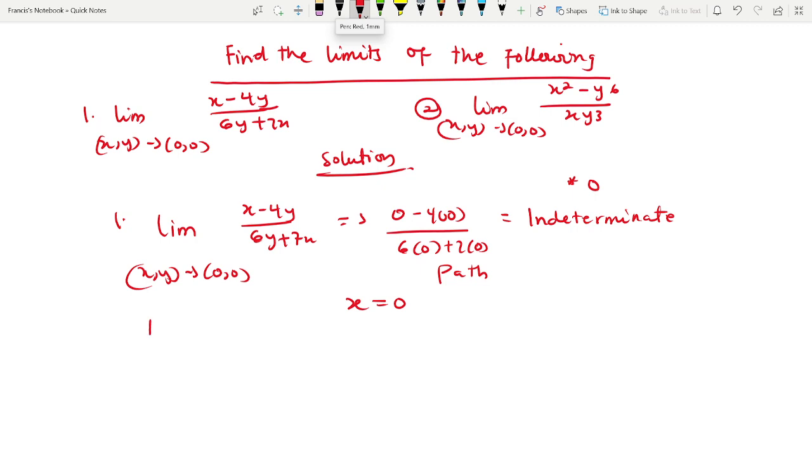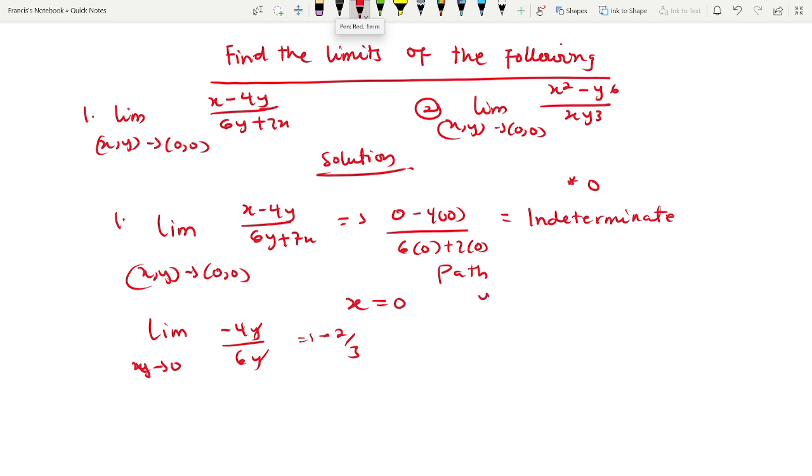Wherever I see x, I'll put 0. So I get the limit of negative 4y over 6y as y approaches 0. Here y will cancel y, and I get negative 2 on 3. So when I took the path x equals 0, I got a limit of negative 2 on 3. Whenever I take any different path, I shouldn't get any other limit except negative 2 on 3. Else, the limit doesn't exist.